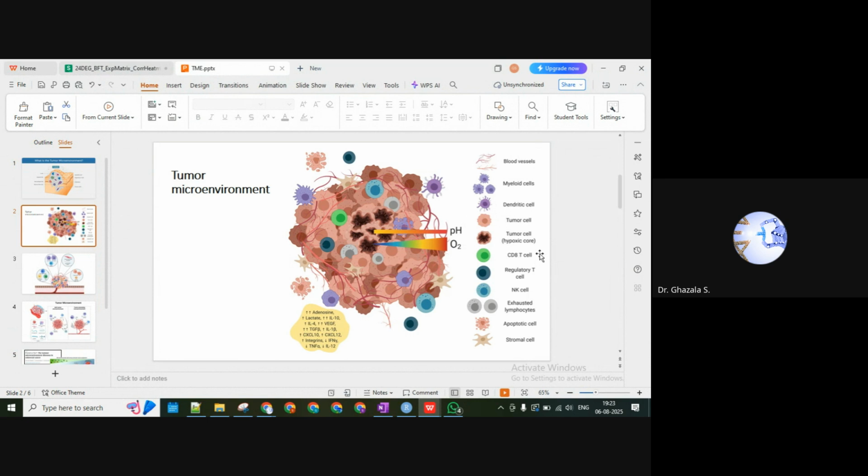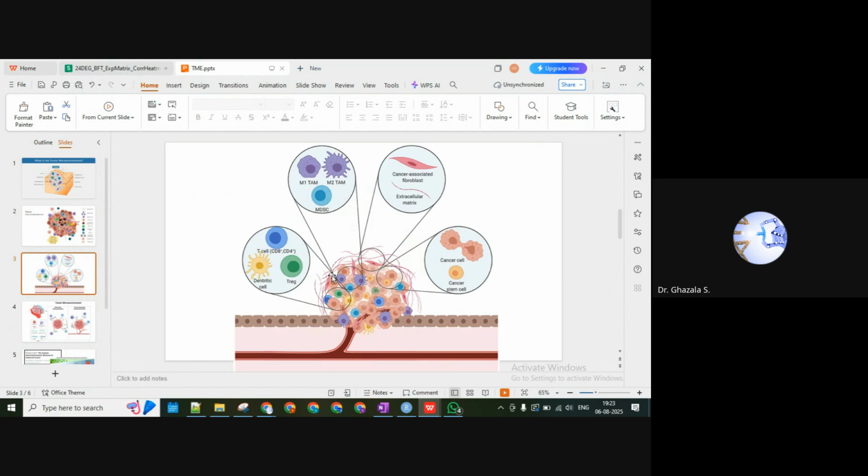Some of them work in suppressing the tumor, and some work in progressing it. Accordingly we can filter them based on their groups: which support cancer progression, and which work against tumor progression.